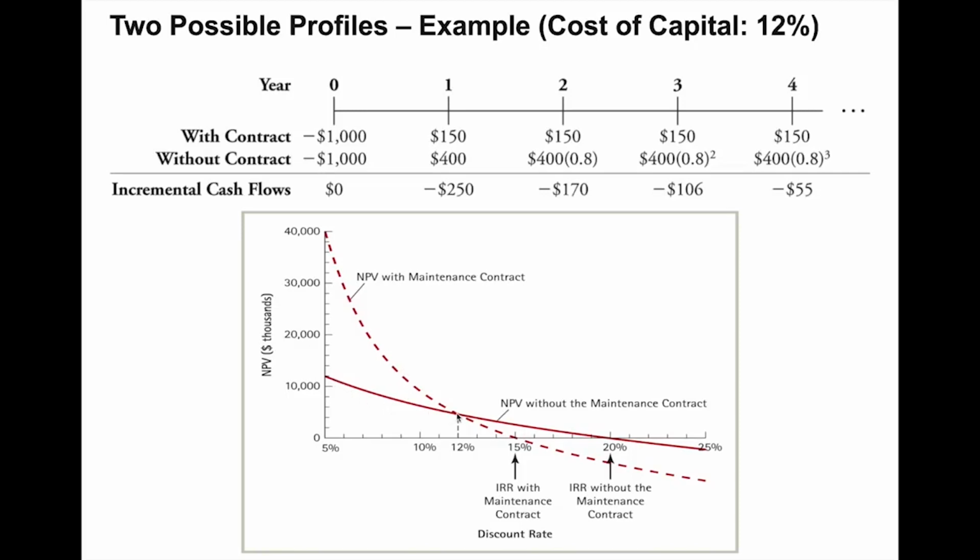But notice that when we exceed this incremental IRR, the NPV without the contract is actually greater than the NPV with the contract. So if our discount rate is higher than the incremental IRR, we should choose to go without the contract.